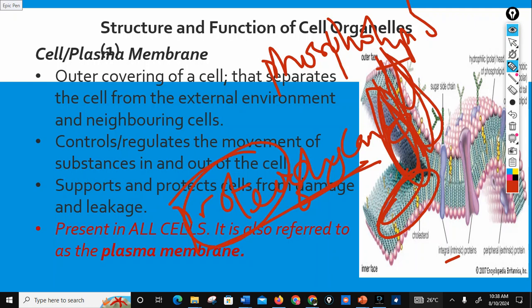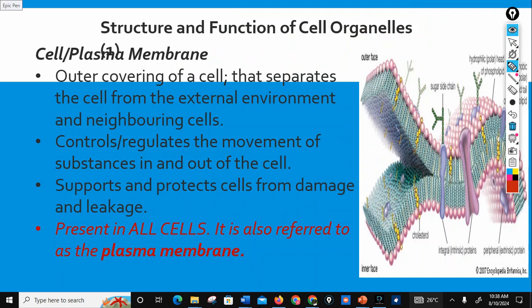Proteoglycans are embedded in the cell membrane for communication and cell signaling, as I talked about. These sugar side chains are attached to the proteins. All right.